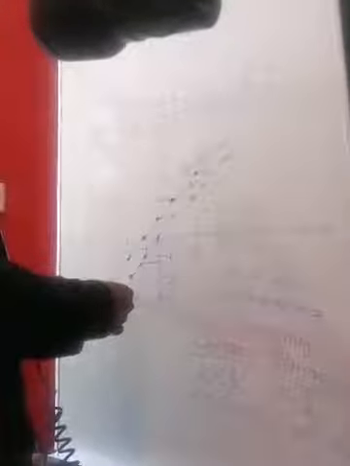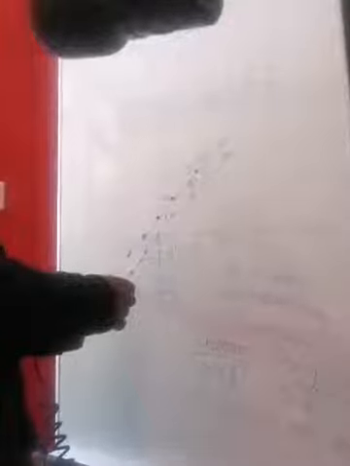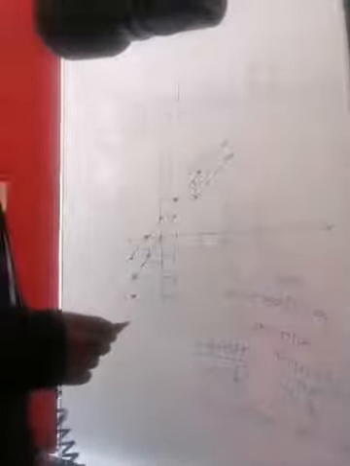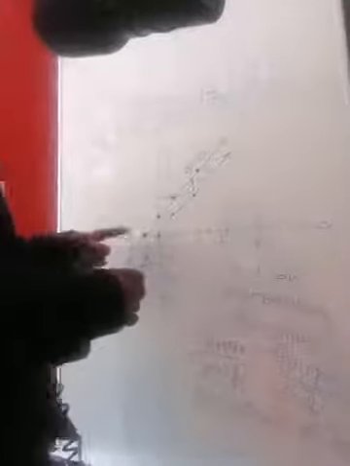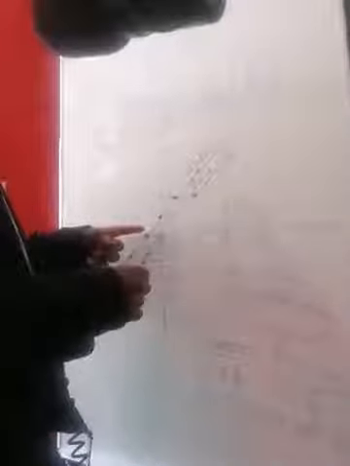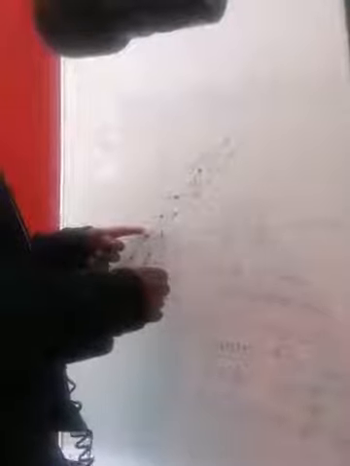Go to -2 and -3. Put a dot there. Then go to -1 and it will be at -2. Go to -1, go to -2. Then where they are meeting, put a dot there or just a cross.